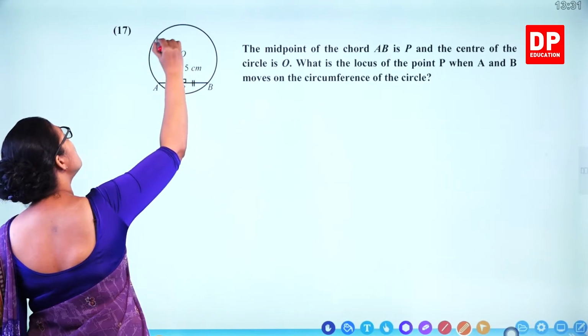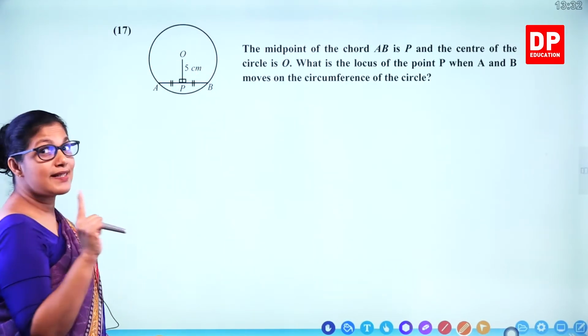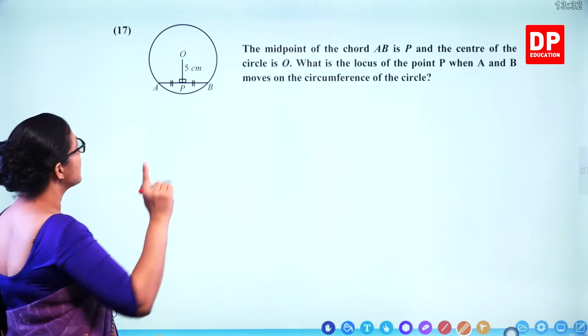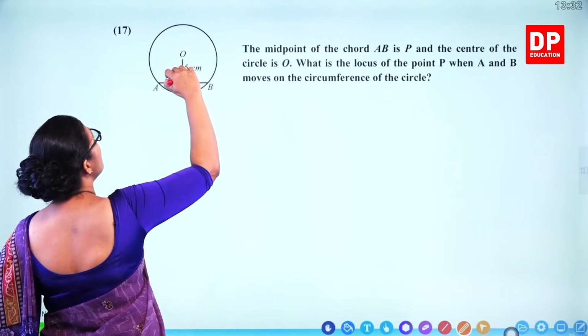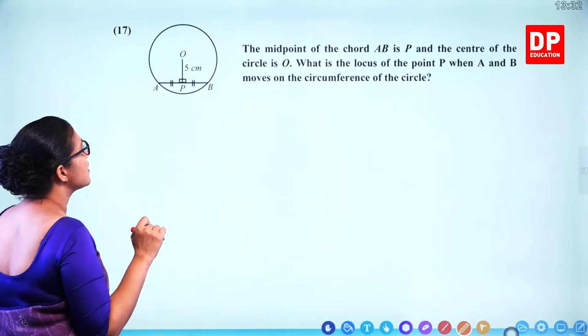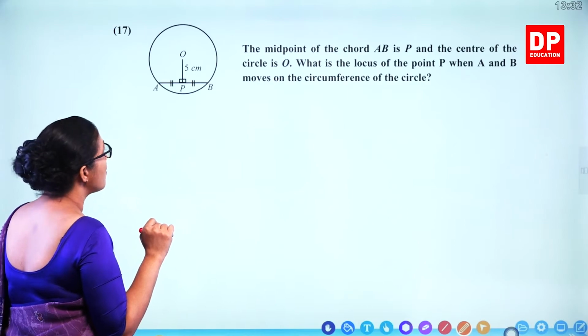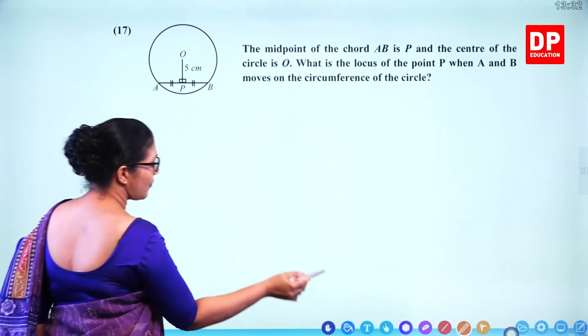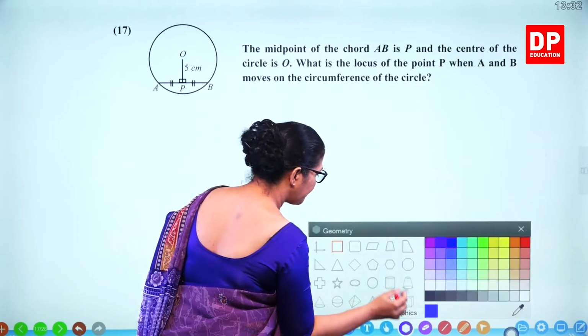So P also moves around that. So what is the locus you will get? So you will get a circle with radius 5 around that. So you can show this with a circle.